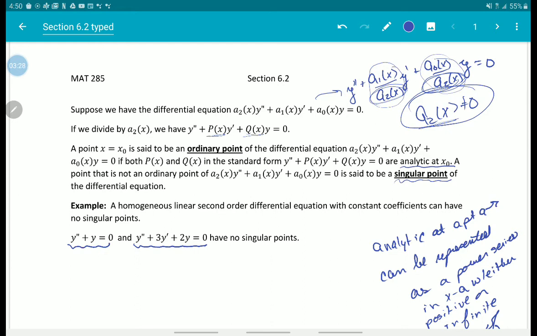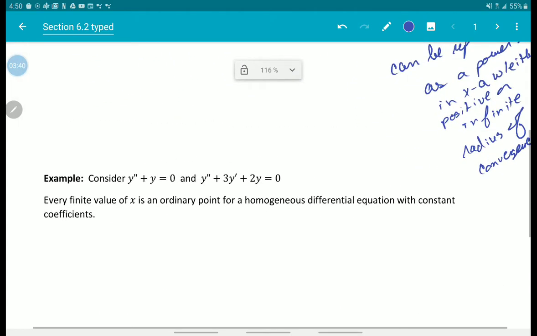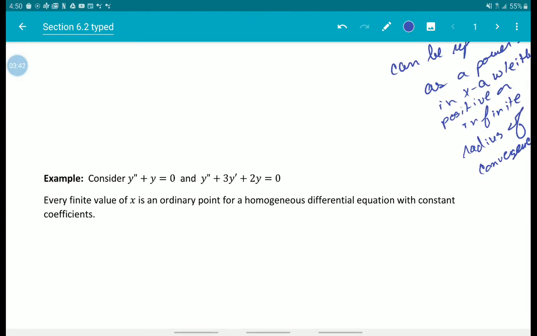Notice these are written in what we've been calling proper form all semester, where we have a 1 as the leading coefficient in front of the y double prime. So we always want to think about it in that form. So, same example, that means that every x value here will be considered an ordinary point for something that looks like this.